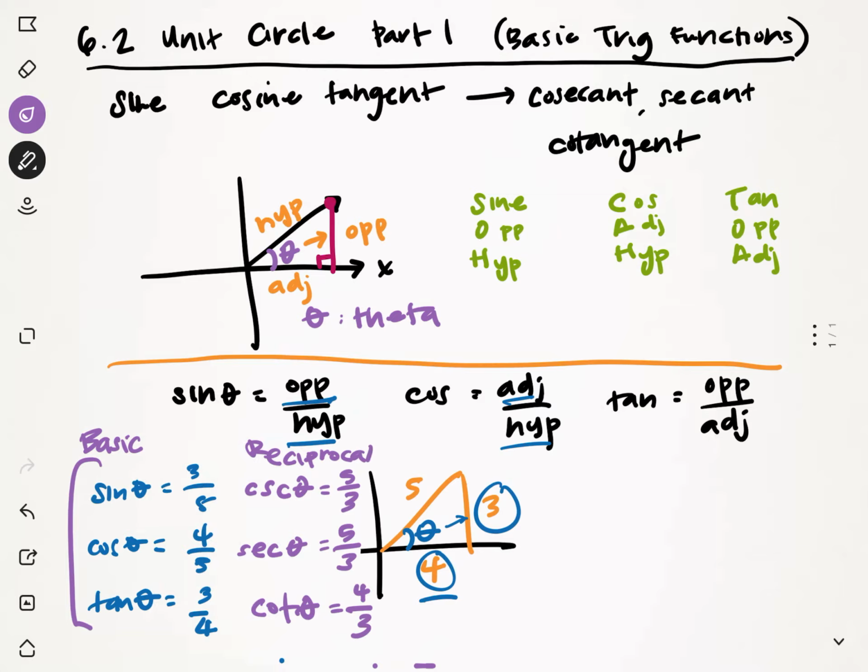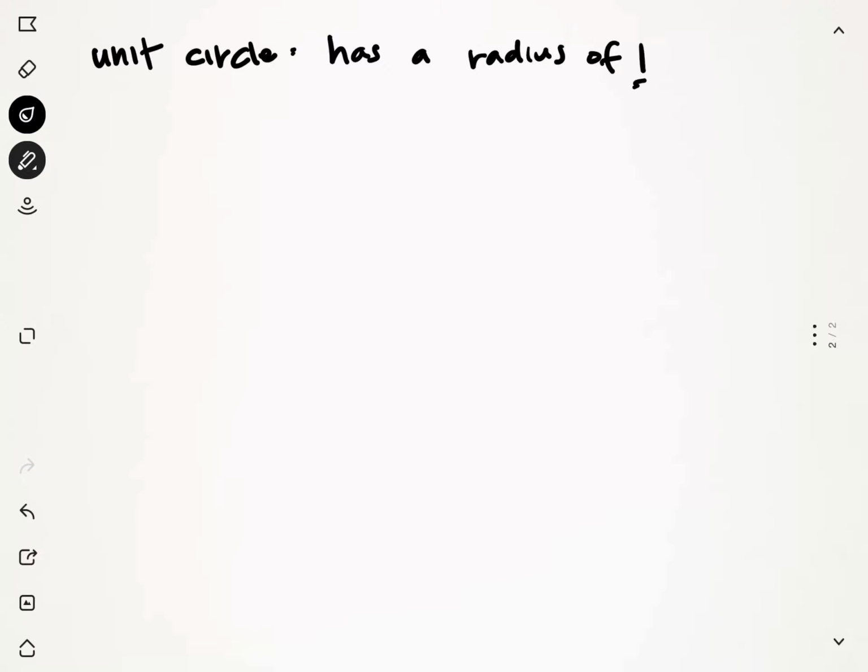Alright, so now let's talk about the unit circle a little bit. So the unit circle has a radius of 1, right? So 1 means unit. Unit circle meaning radius 1.